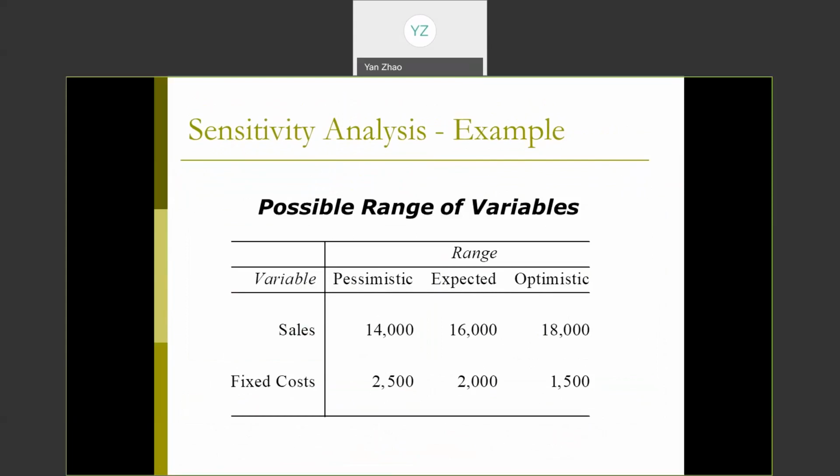But with the computer simulation, we can do more than that because we know in real life, it's not going to be those three numbers for sales, right? It could be ranging from, say, $10,000 to $30,000. It could be any number between $10,000 to $30,000. If we have to do that manually, it's going to be horrible, right?